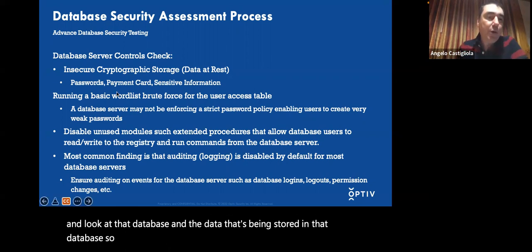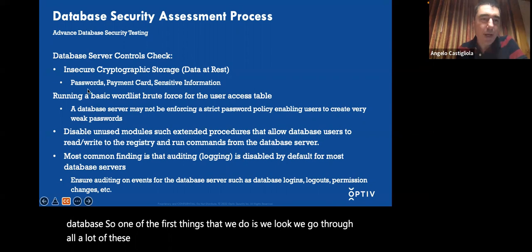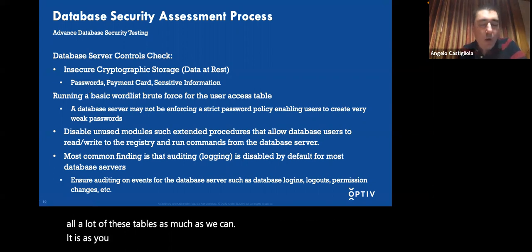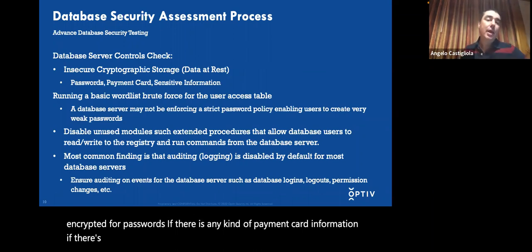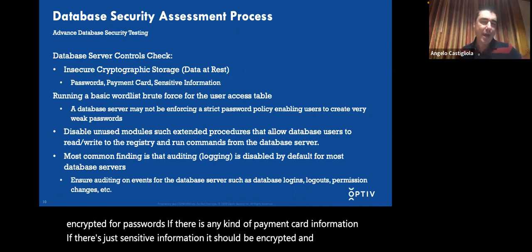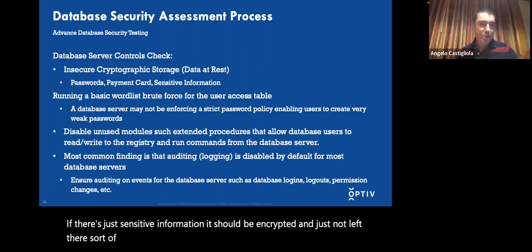One of the first things we do is go through as many of the tables as we can and look for anything that's not encrypted, like passwords or any kind of payment card information. Sensitive information should be protected when it's at rest, and not just sitting on a database server.